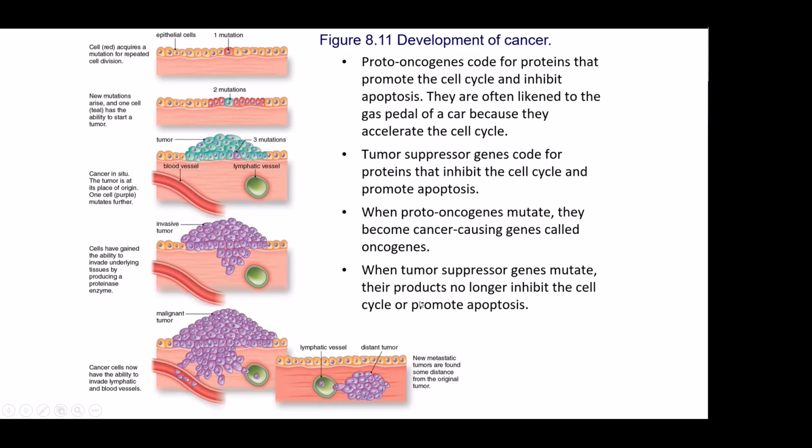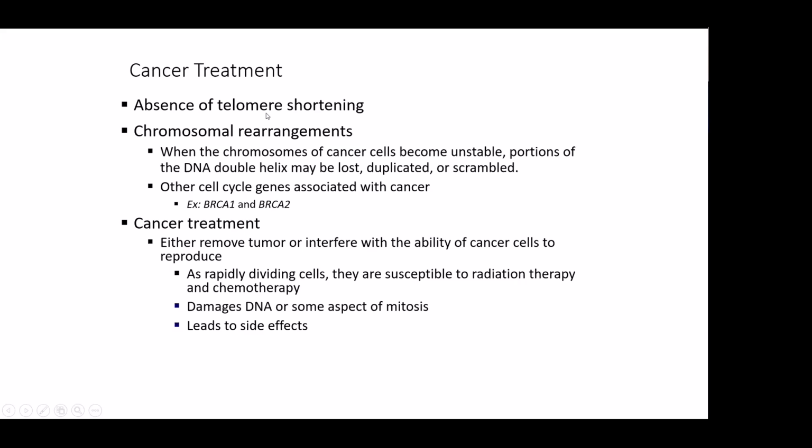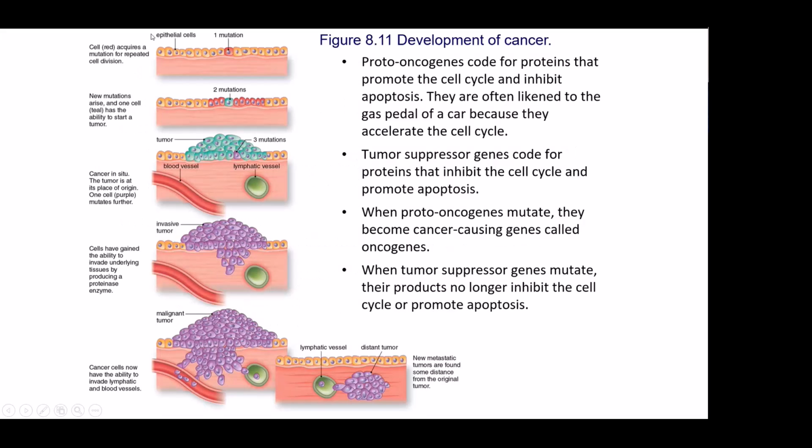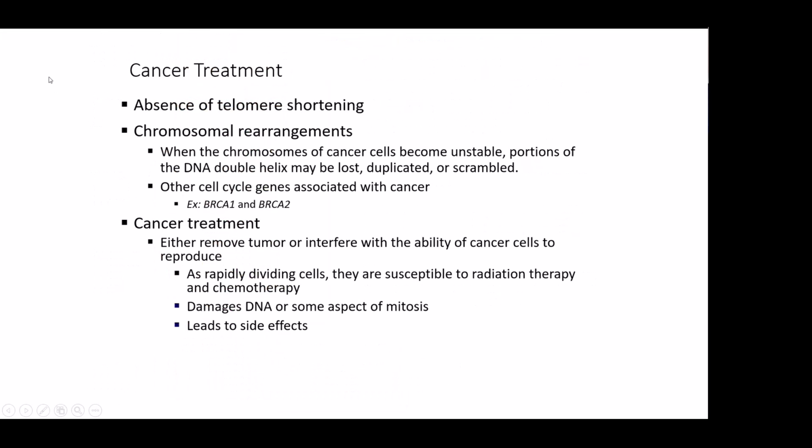There can also be mutation of the tumor suppressor genes, genes that encode for apoptosis that will be able to help control cells that have gone bad. In this case, what we're looking at is a situation of epithelial cells. We're looking at a skin condition, so some kind of melanoma.